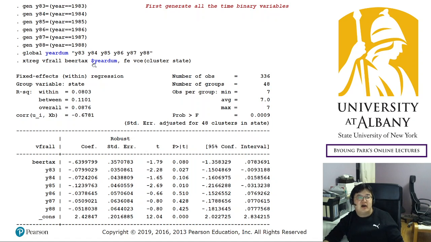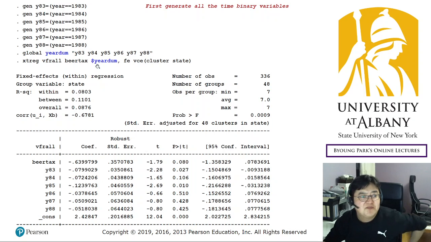In this case, you don't need to do this because you are using this only once. But if there are variables that are repeatedly used, then you may simplify the list of variables like this. It's just a useful tip. Later in the demonstration, I will show you how to do this.